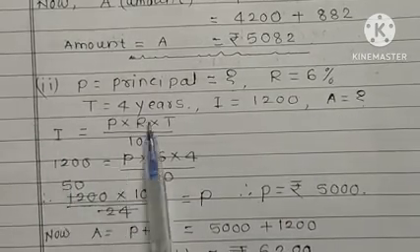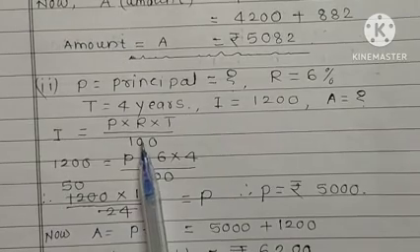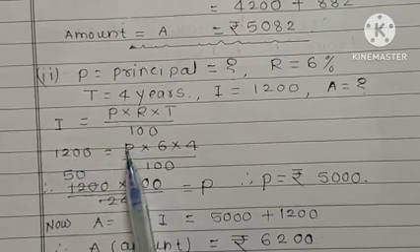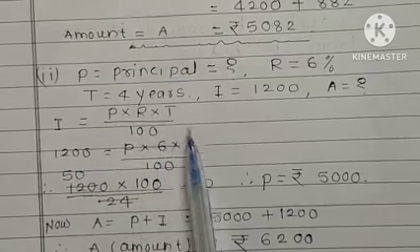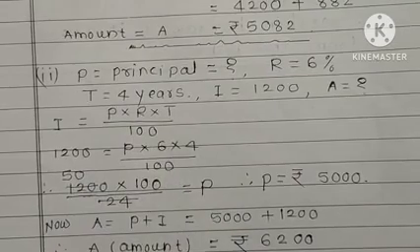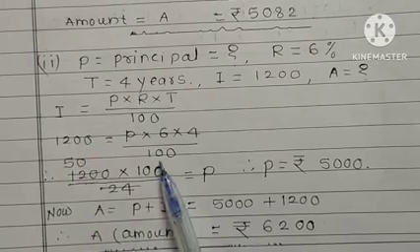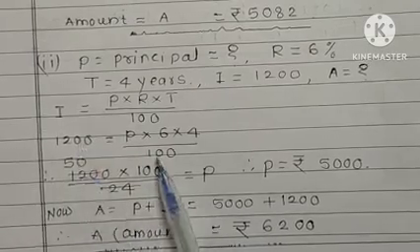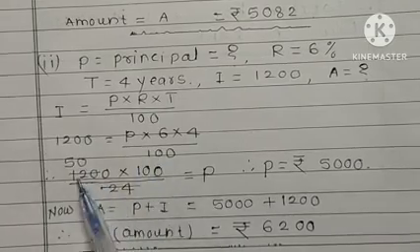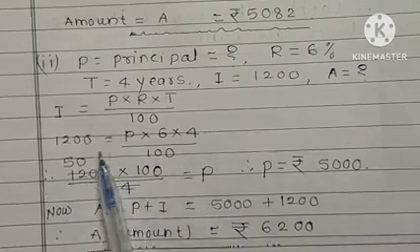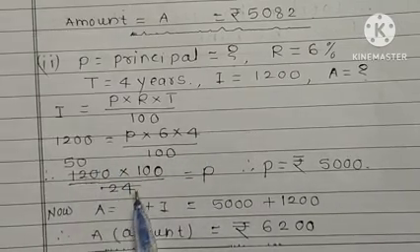Now I is equal to P into R into T upon 100. I 1200. P we don't know. R 6. T 4 upon 100. Now 1200 into 100 by cross multiplication. See this. 6 into 4, 24 upon this product.